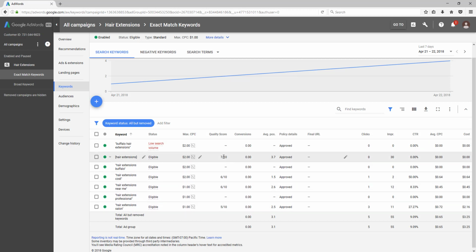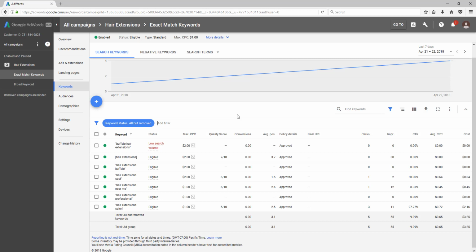So I have enough information to get the quality score for these. Quality score is very, very important. We didn't do a ton of optimizing for the quality score, but we are running very relevant ads to a very relevant page. The quality score has a lot of factors that go into it. If somebody's searching for hair extensions, then Google wants to see that hair extensions is in the ad you're running.